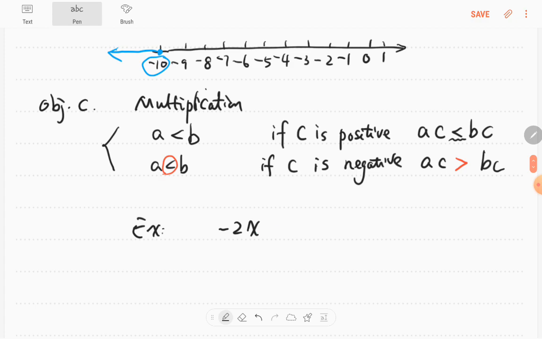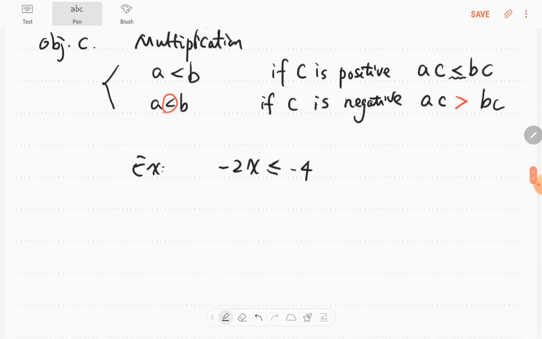Negative 2x less than or equal to negative 4. So we can think each side we divide by negative 2. So dividing by negative 2 is just like C is a negative number, right?